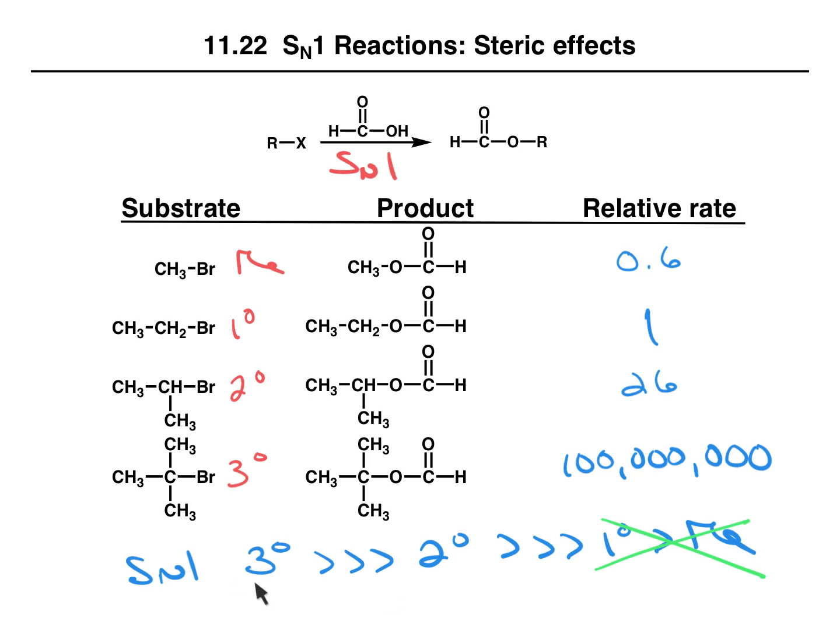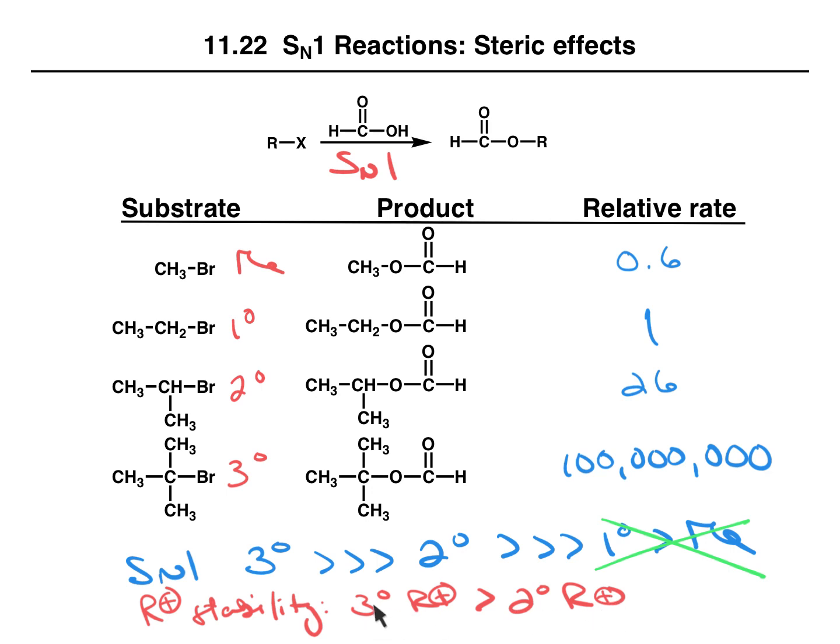But as we see the relative rate of the reaction, this makes sense because if we think about carbocation stability, a tertiary carbocation is more stable than a secondary carbocation. And so the tertiary carbocation will be lower energy than a secondary carbocation.